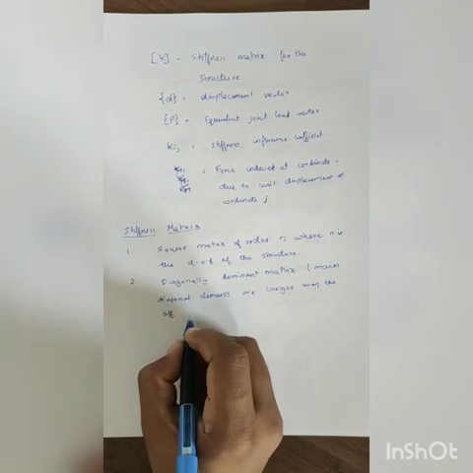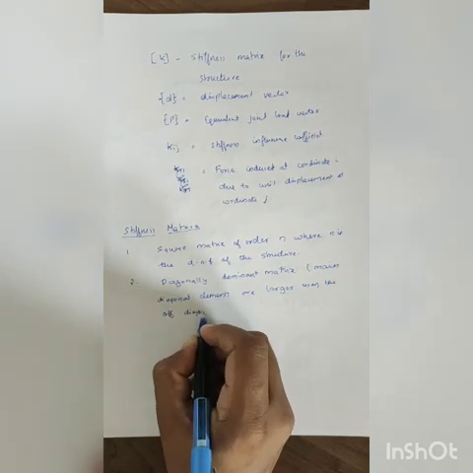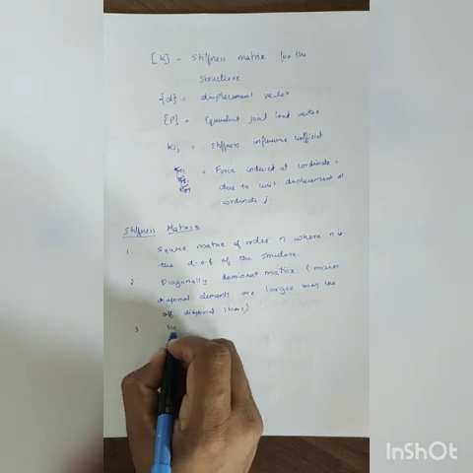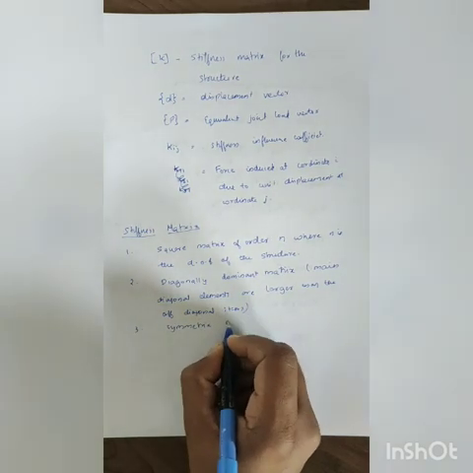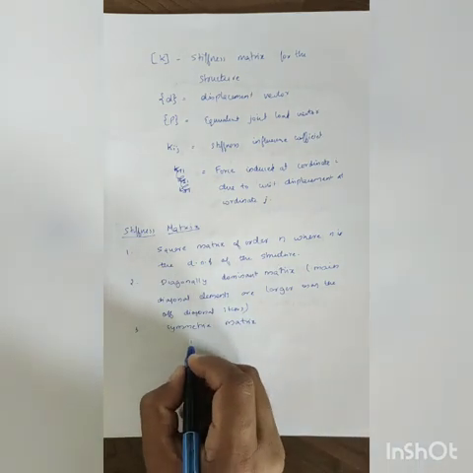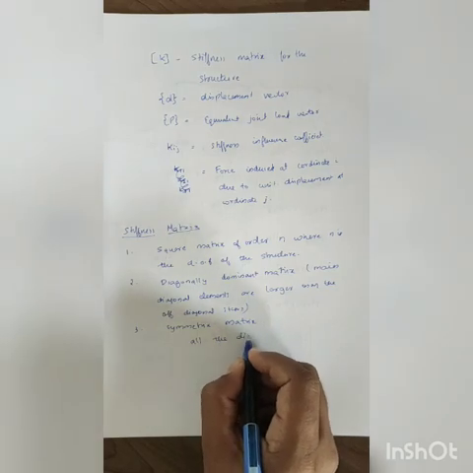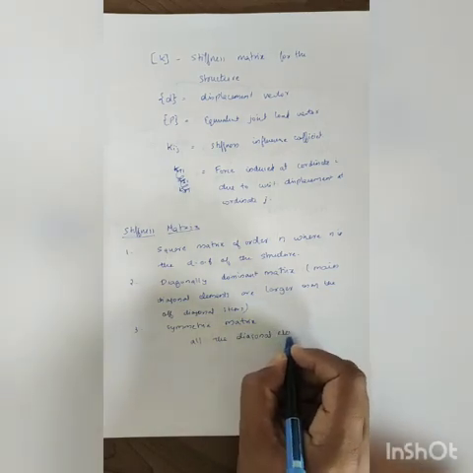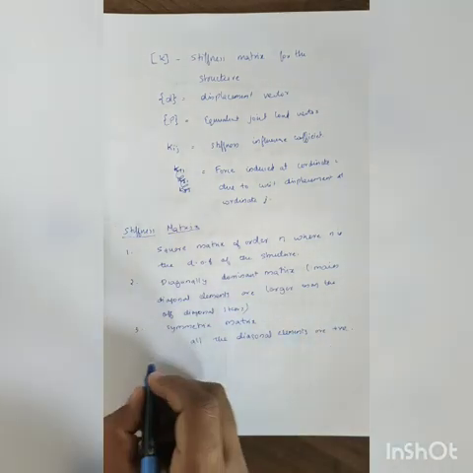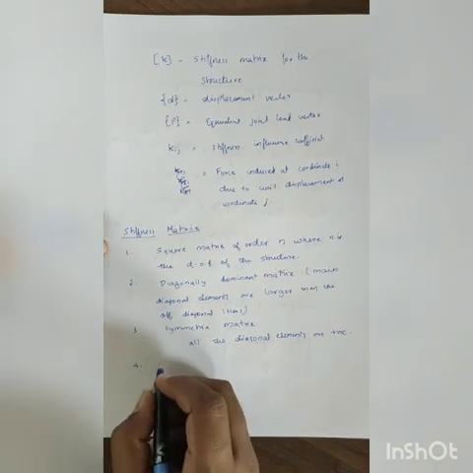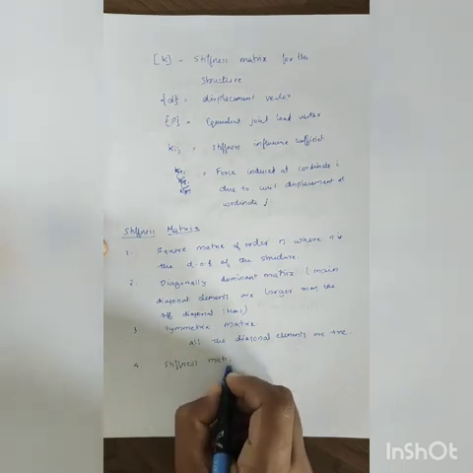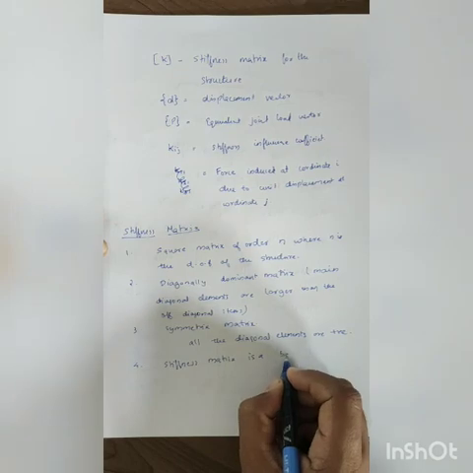I believe the main diagonal and the off diagonal elements are clear to you. You people have learned in your maths classes. Now the third point, it is a symmetric matrix and all the diagonal elements are positive. Then the fourth point is, the stiffness matrix is a banded matrix.